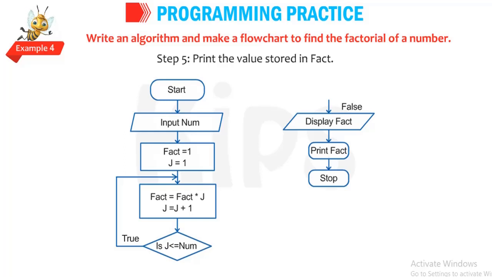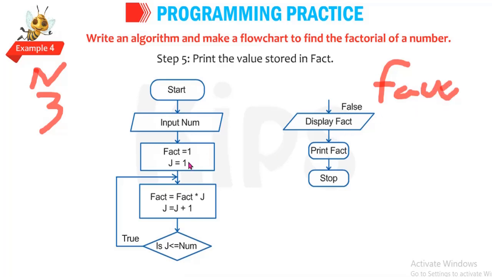Now I will explain with numbers. First, we have to assign a value to the variable number. I am assigning the value 3. Next is fact, and next is J. J is equal to 1 now, the number is already given by the user, and fact is equal to 1.